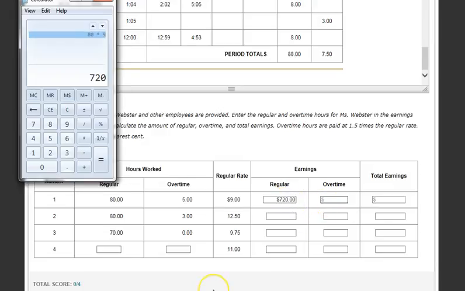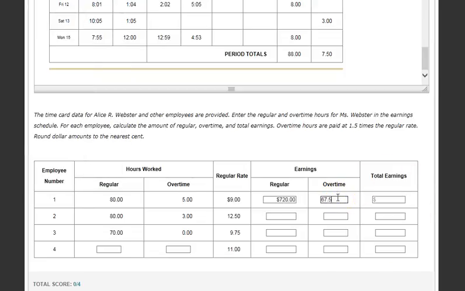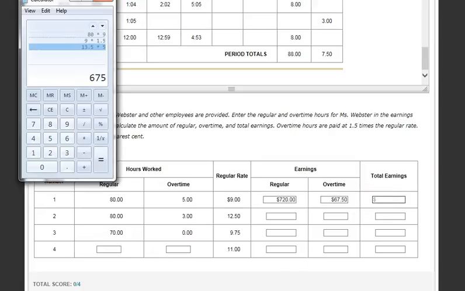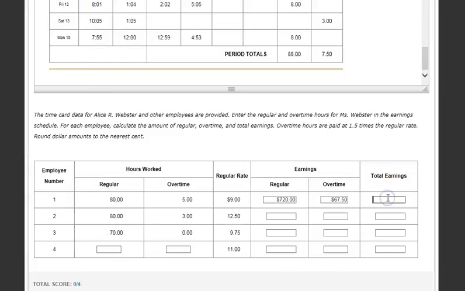Overtime is going to be, our rate is going to be $13.50 per hour, and she worked 5 hours overtime, so $67.50, which means our total earnings, $67.50 plus $720, $787.50.